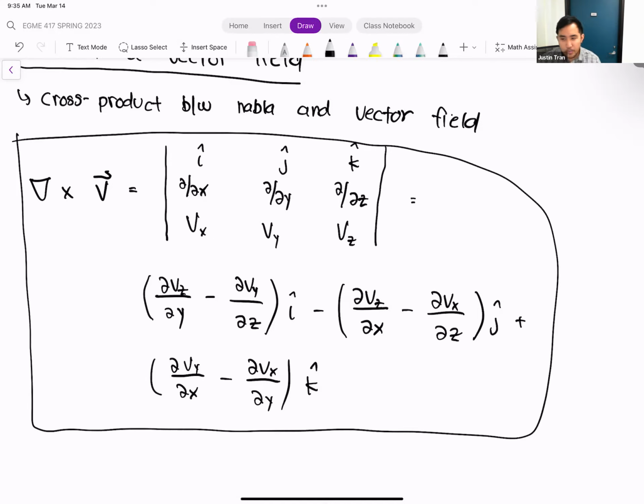The equation itself is pretty complicated, so I think it's easier to remember the cross product matrix determinant. But if you carry it out, you end up with that expression.